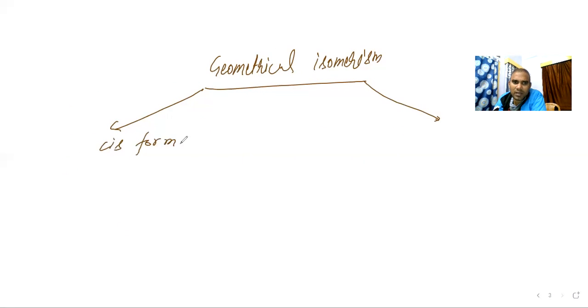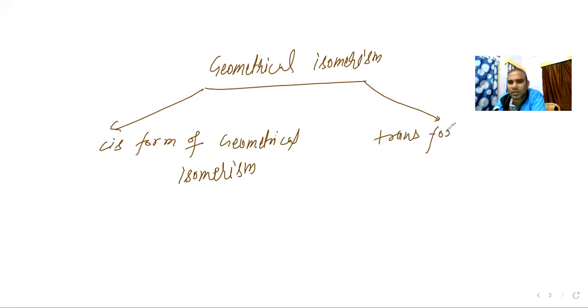This is the cis form of geometrical isomerism, and this one is the trans form of geometrical isomerism.